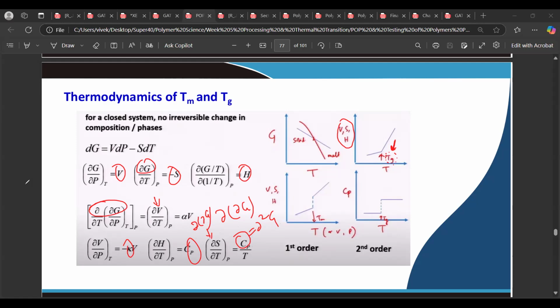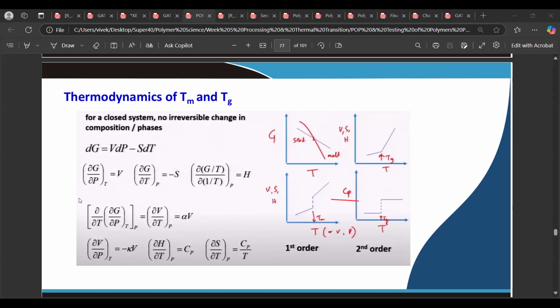So if you plot Cp versus T, you will get a transformation temperature where there will be a sudden drop of Cp, and that tells you the transition. That transition is second order because Cp is a second order derivative of G: actually it's S, and S is nothing but the first order derivative of G, so overall it's a second order derivative.